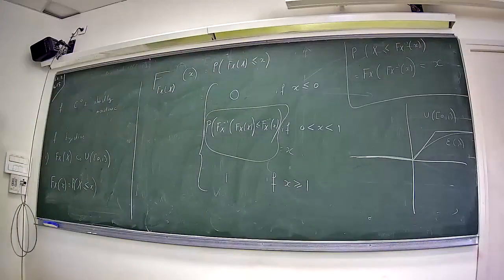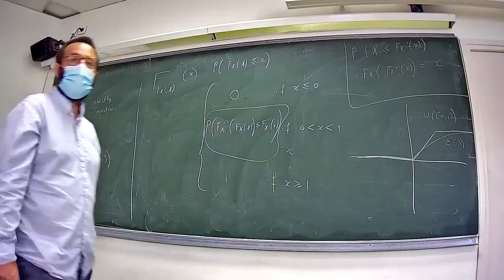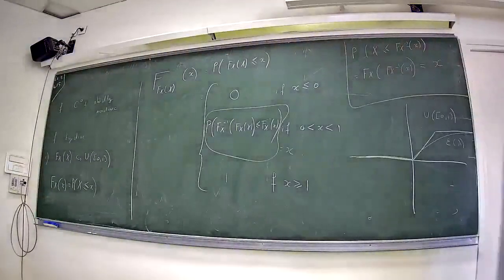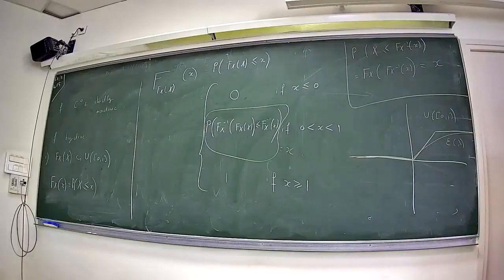Some questions, maybe? So I repeat that here, it's not that strange to try to compute this quantity, because I see that in my statement, distribution functions are important. Okay, so in order to find what is the distribution of a random variable, let's compute its distribution function instead of doing other things.